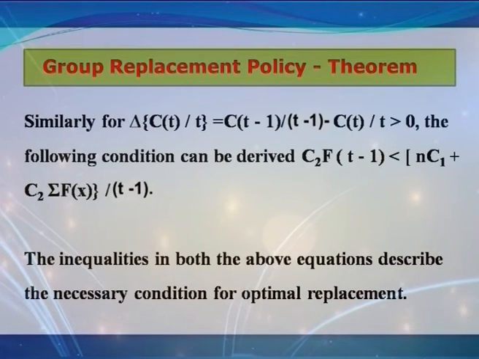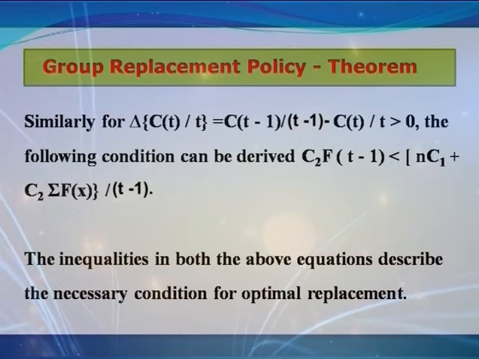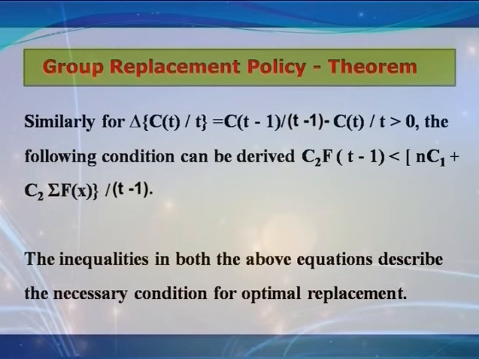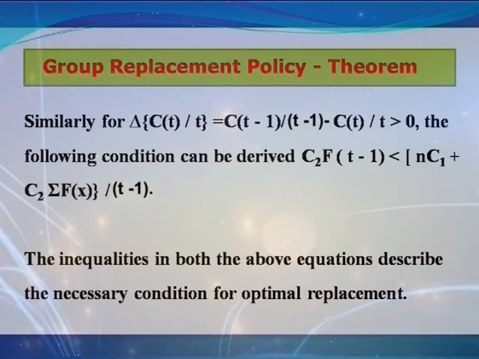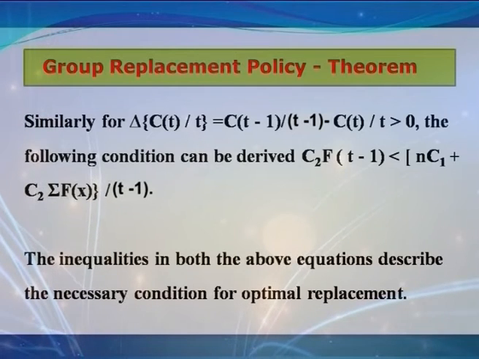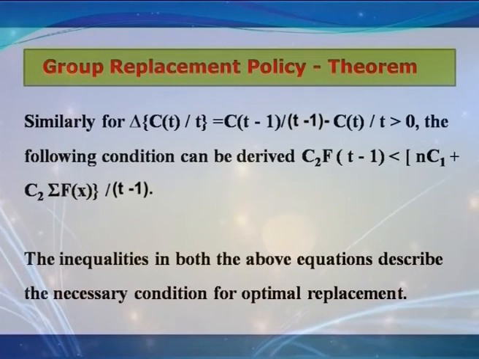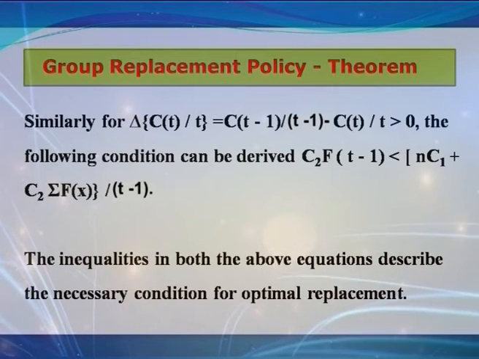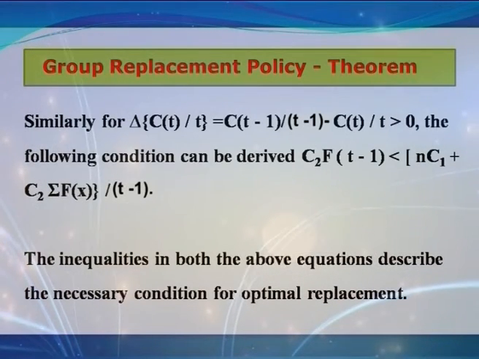Similarly, for ΔC(T)/T = C(T−1)/(T−1) − C(T)/T greater than 0, the following condition can be derived: C2 f(T−1) < (nC1 + C2 Σ f(x))/(T−1). The inequalities in both the above equations describe the necessary condition for optimal replacement.